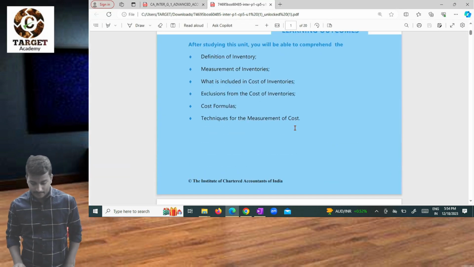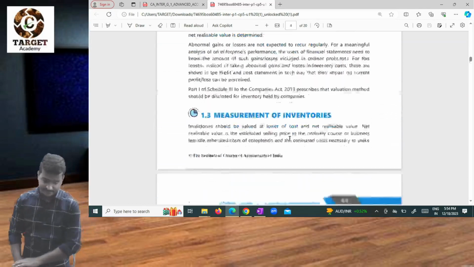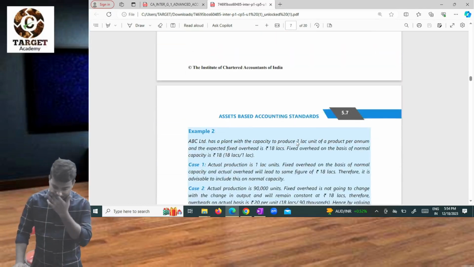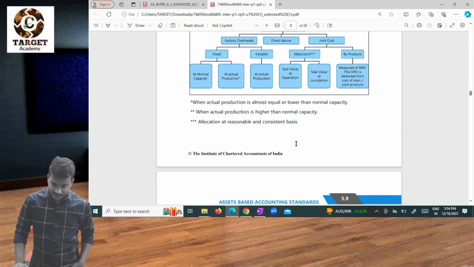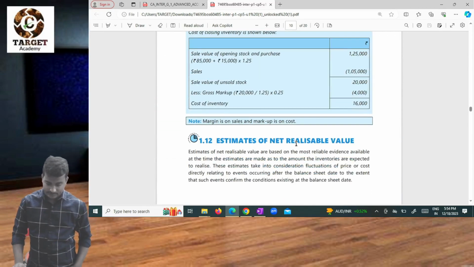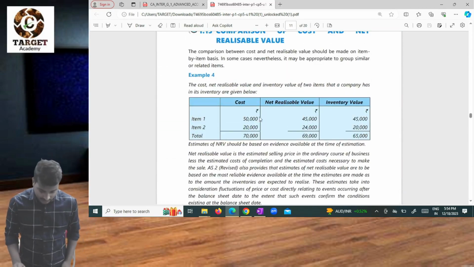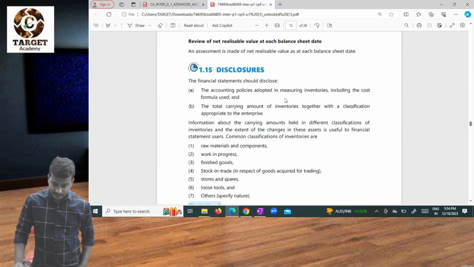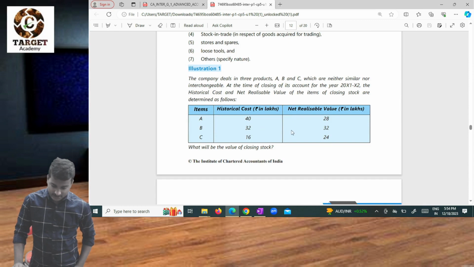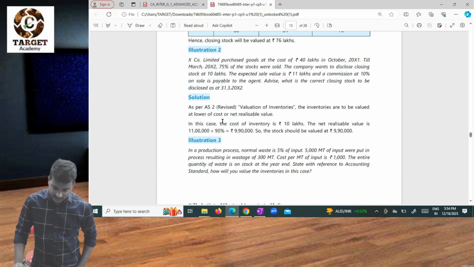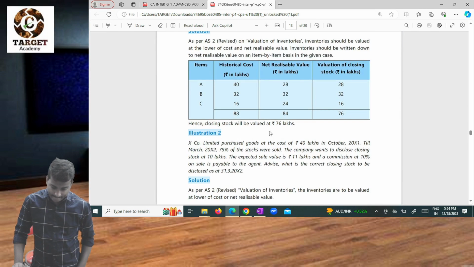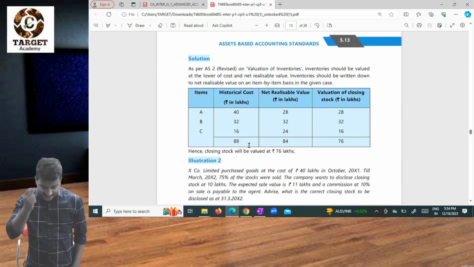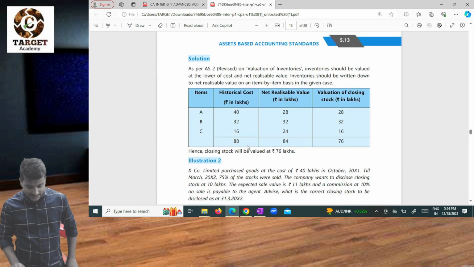Yes, this is the standard. Examples we have covered, and this problem is also covered. This is also covered in the last class. I think problem number 2 is yet to be discussed, right?